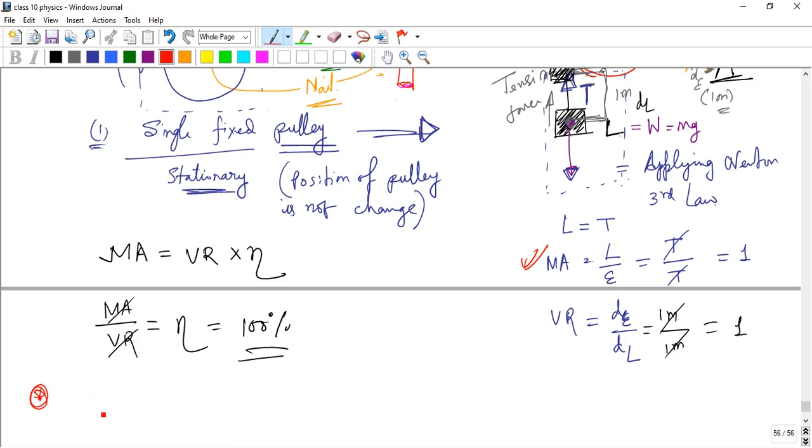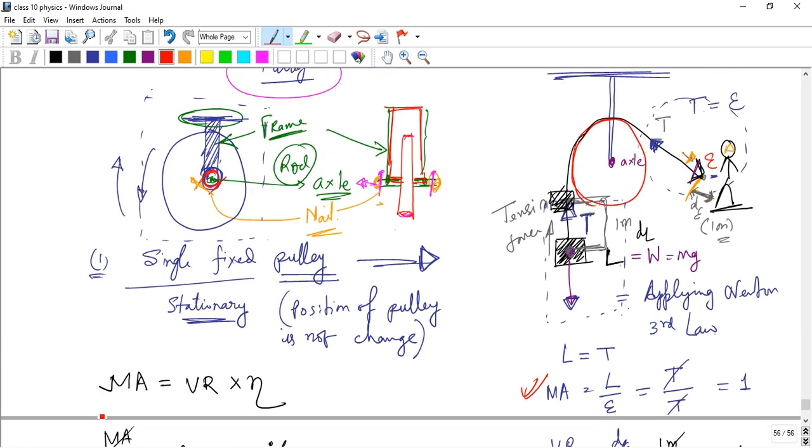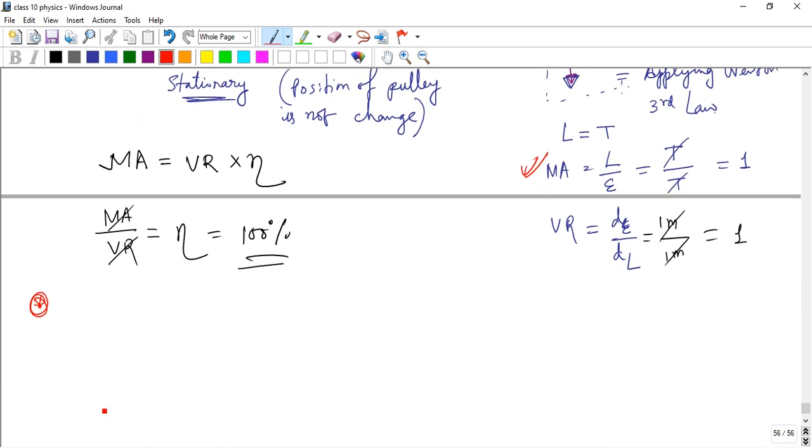It's an important conclusion. A pulley, a simple machine, is not a force multiplier, because mechanical advantage is equal to 1, nor a speed multiplier, because the velocity ratio is also equal to 1.